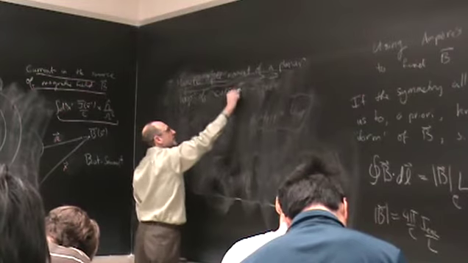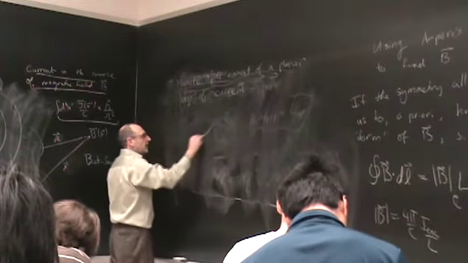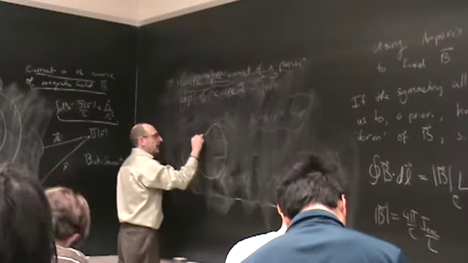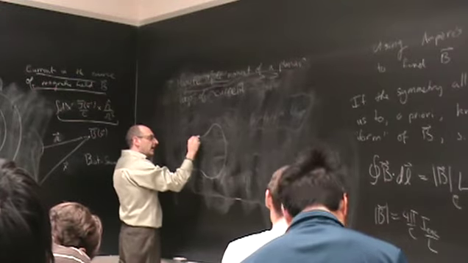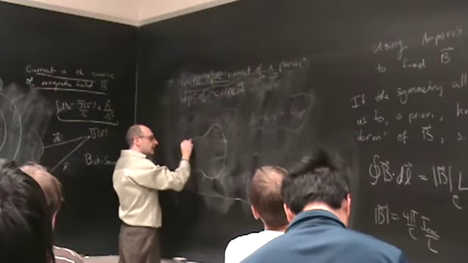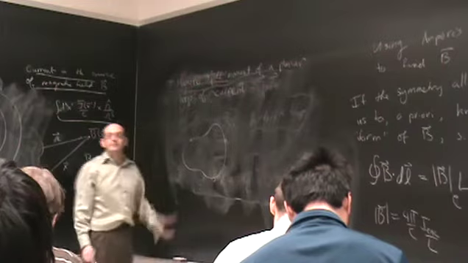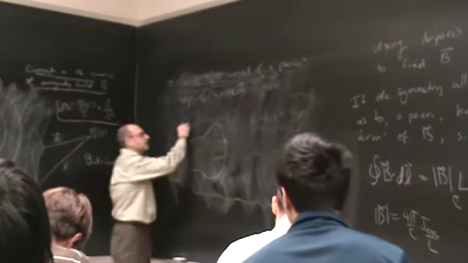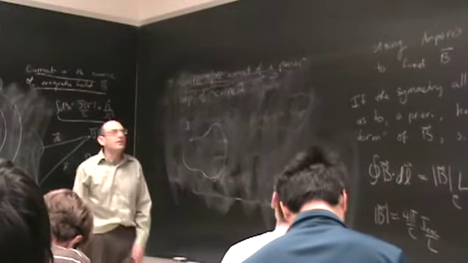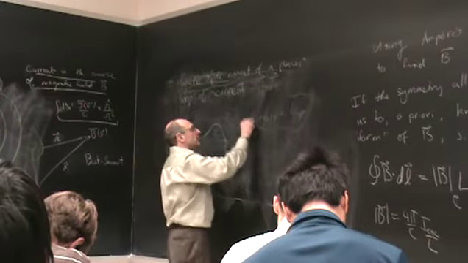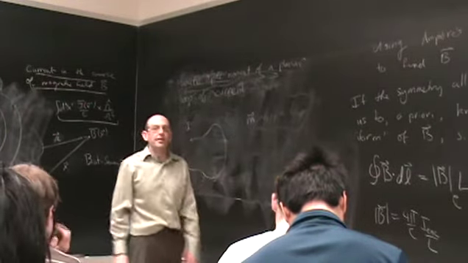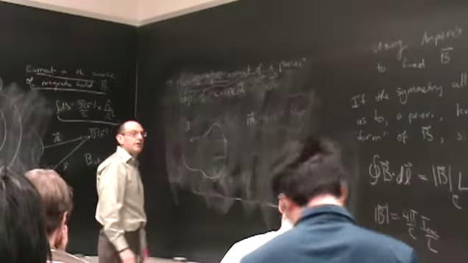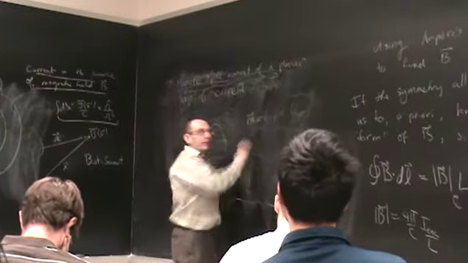So if I have current flowing in a loop in the plane, I want to know what is the magnetic dipole moment associated with this current distribution.